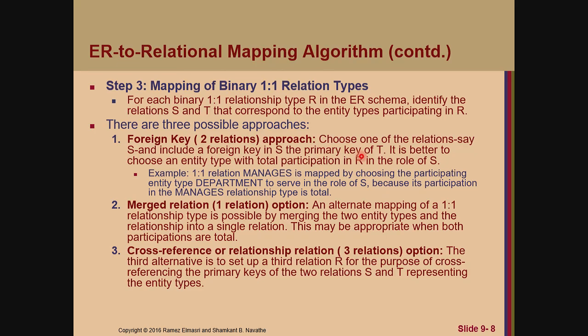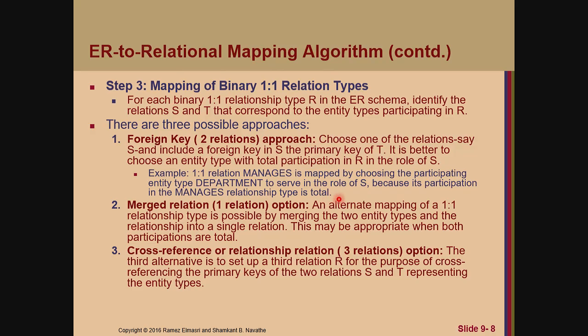It is better to choose an entity type with total participation in R in the role of S. For example, relation manages is mapped by choosing the participating entity type department to serve in the role of S, because its participation in the manages relationship type is total.